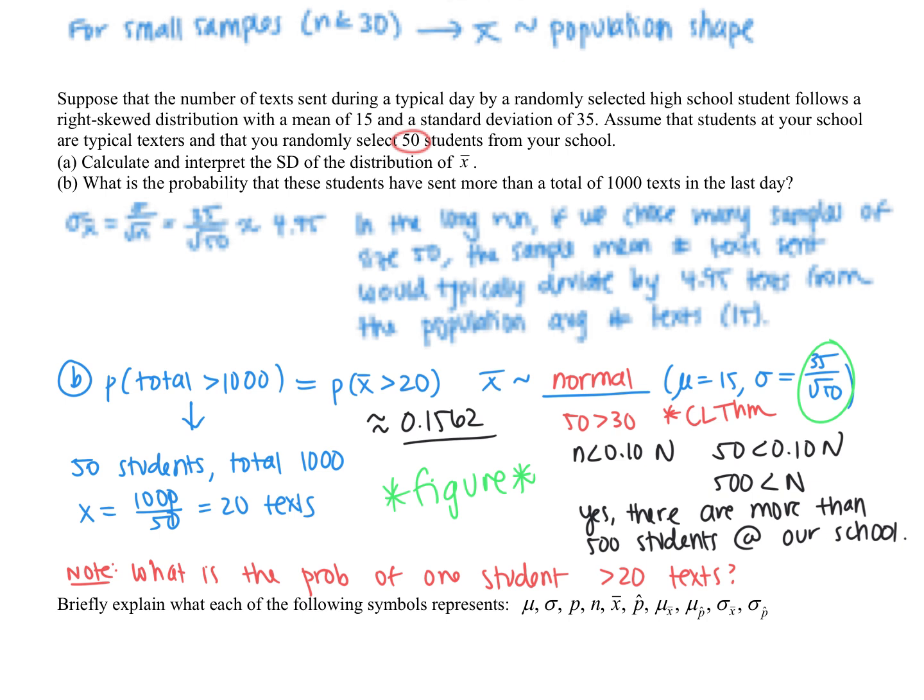Instead of a sample, what is the probability that I take one student and find that that one student sends more than 20 texts? We cannot answer this. So a lot of people will say, oh, the central limit theorem applies. It does not. So X bar was normal. We don't know anything about one student. We know the population is skewed right, but that's it. So if we were asked something about one student, we would say we cannot answer this.